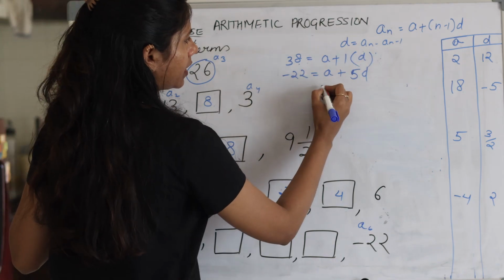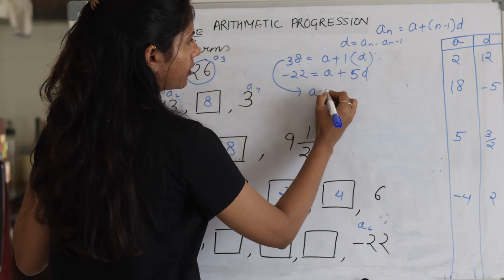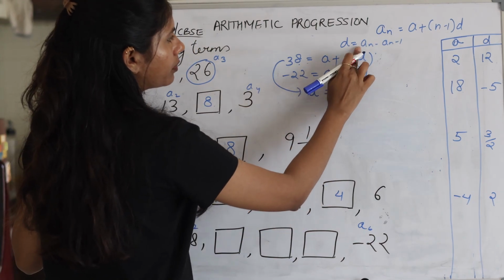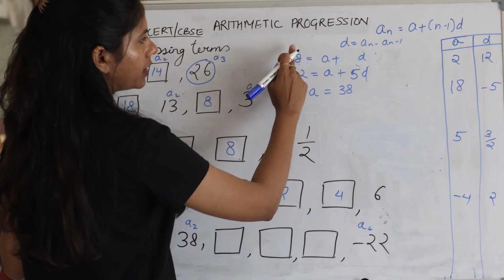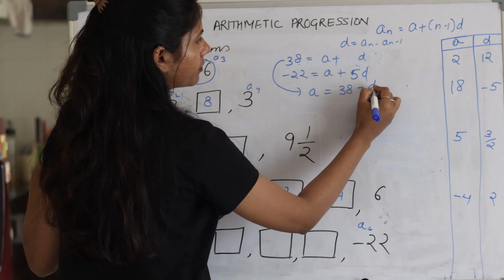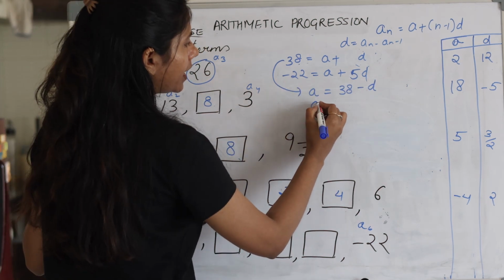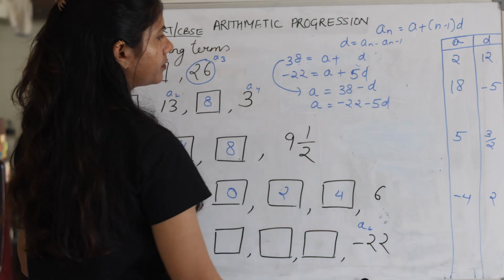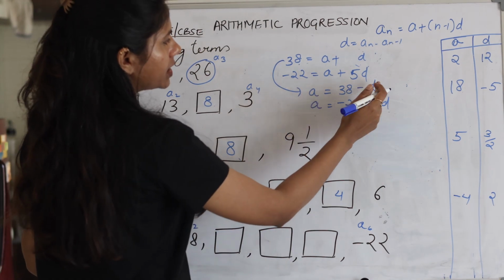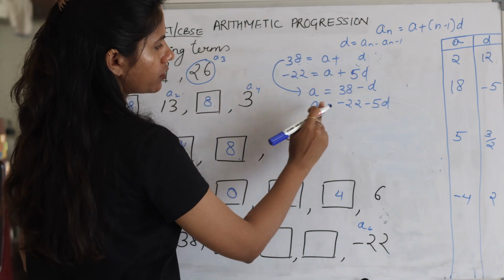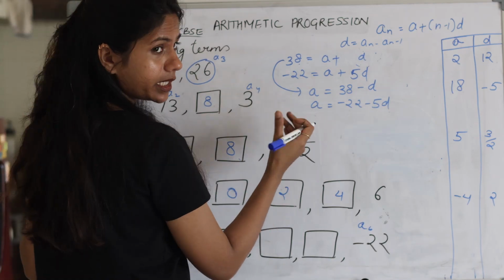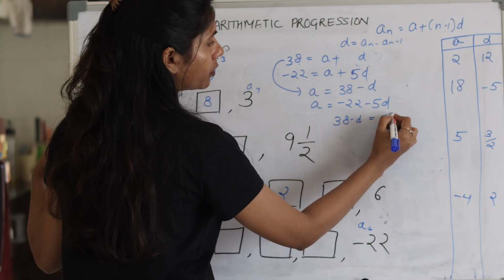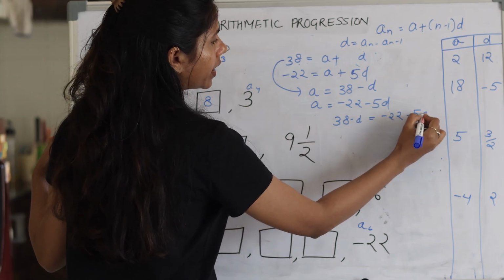So here this will be A equals 38, and 1 gets multiplied by D, which will be D. So A equals 38 minus D. Now for this one, A equals minus 22 minus 5D. Now these values both equal A, it means they must be equal to each other. So 38 minus D equals minus 22 minus 5D.